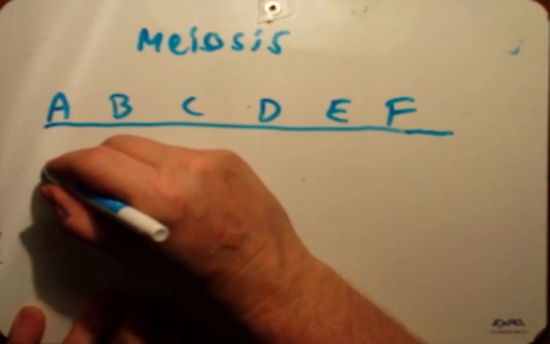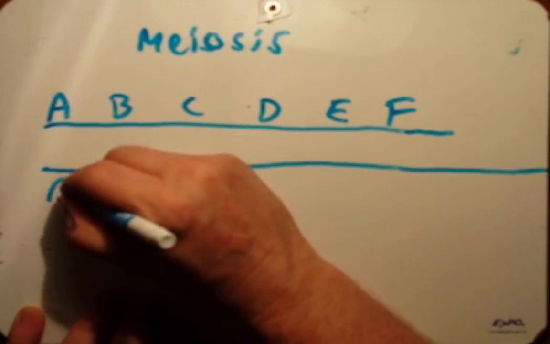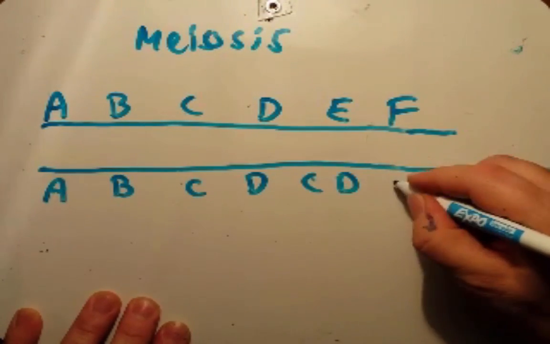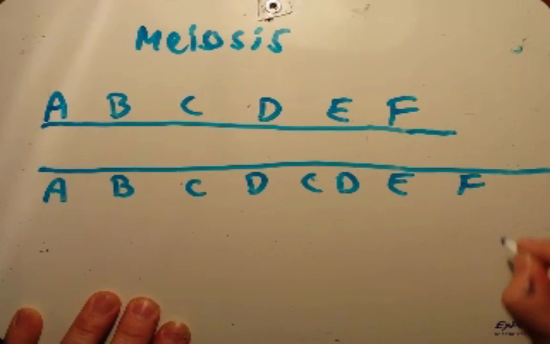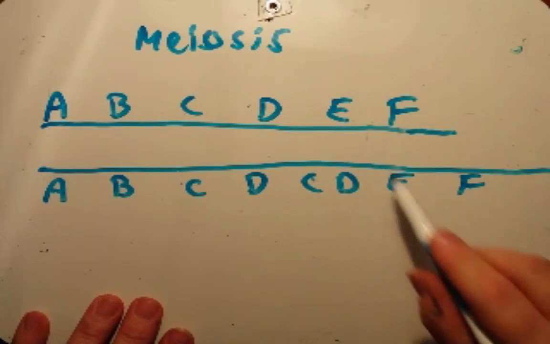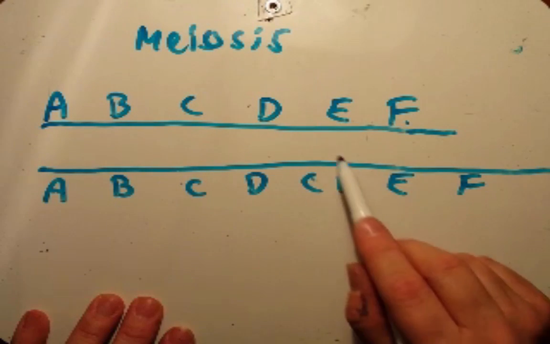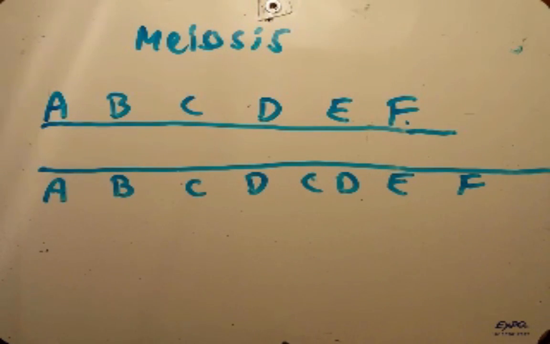And let's draw our duplicated chromosome, where we have A, B, C, D, and then C, D again, and E, F, like so. Now remember, E and F want to pair up with each other. C and D do, but this extra CD here is causing some problems.